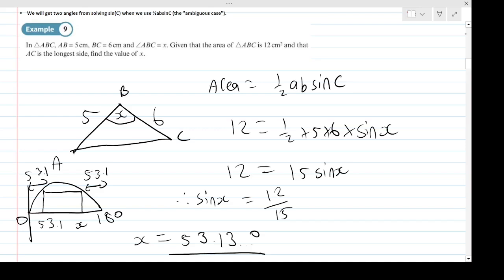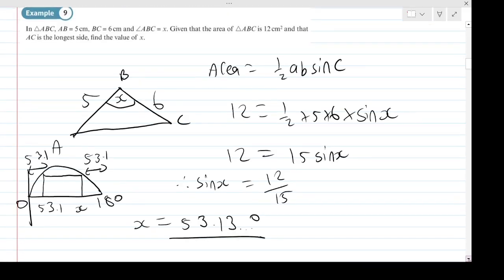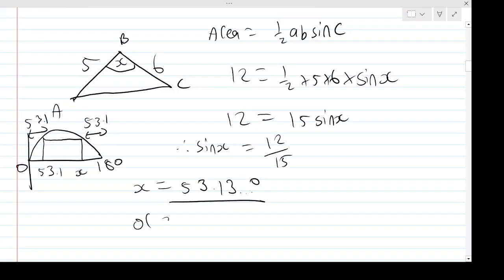So to get from 180 back to this next solution, we take away this 53.1 gap. Therefore the other solution is going to be 180 take away this.